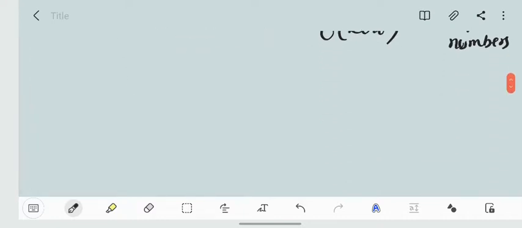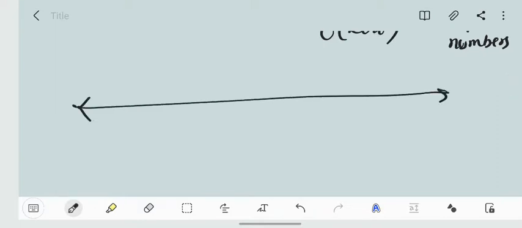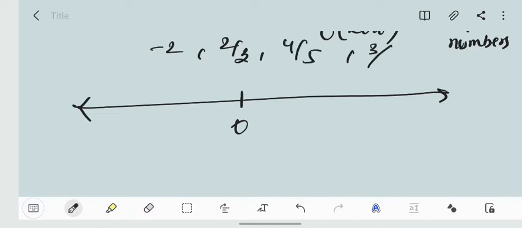So we can represent a real number on the number line. As the line never ends, we can represent all the types of real numbers on the number line. Okay, whether it is -2, 2 by 3, 4 by 5, 3 by 6, 3 by 5, 3 by 2, etc. We can also represent irrational numbers on the number line, because irrational numbers also come under the real numbers category.